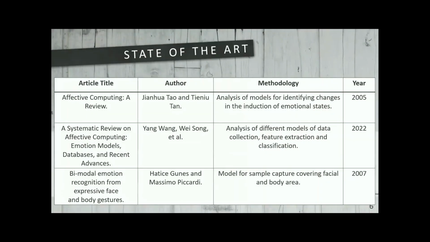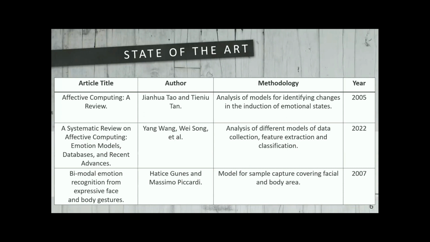We have a little state of the art of the most important papers that we found. Three of them are the affective computing review. Why? Because there are a lot of models that different researchers have used to get a better understanding of emotional states.